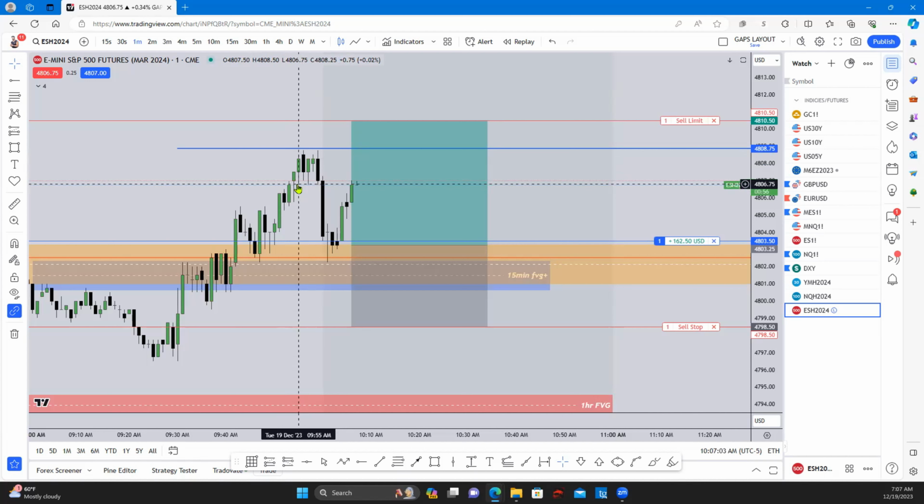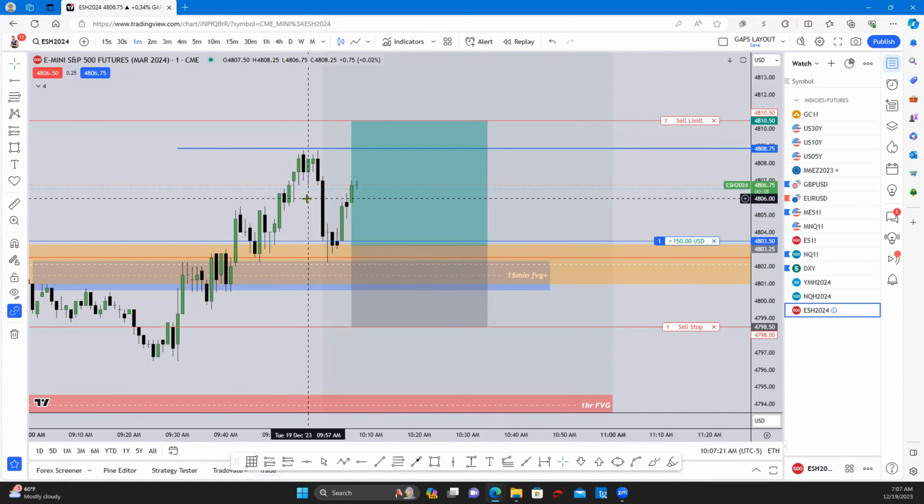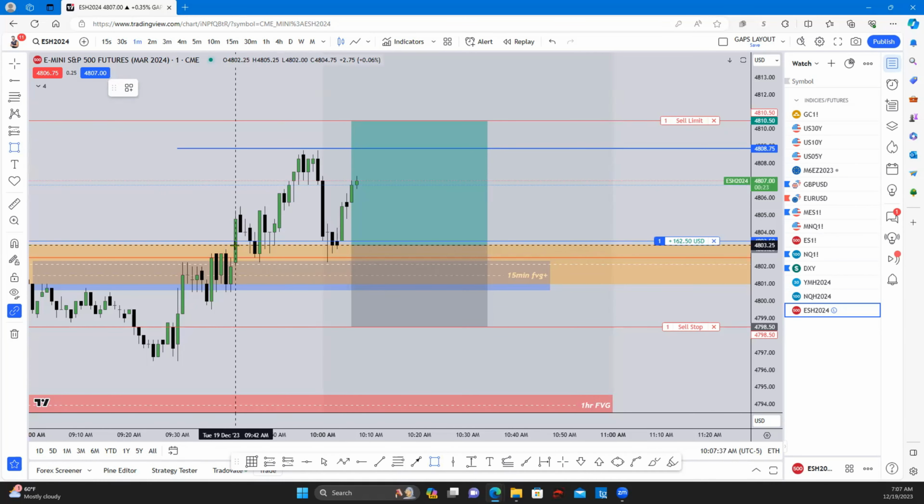Close just at the top end there. We have this 1 minute gap from 9:42 in here.